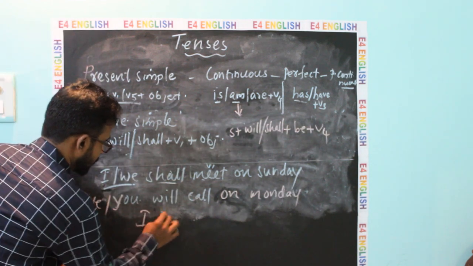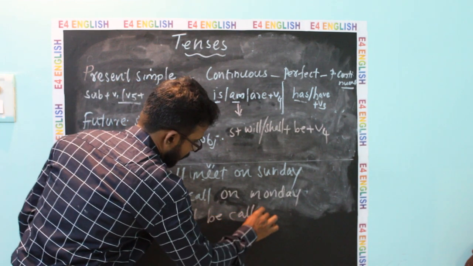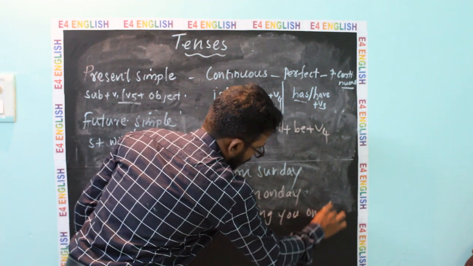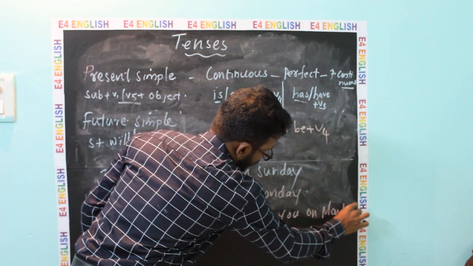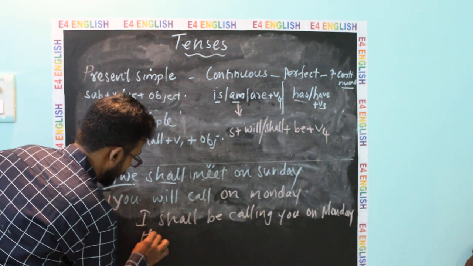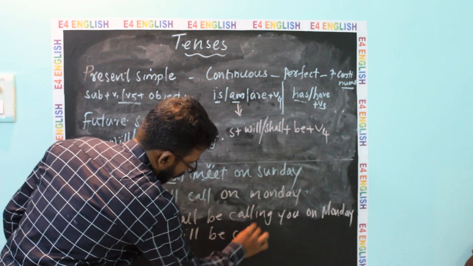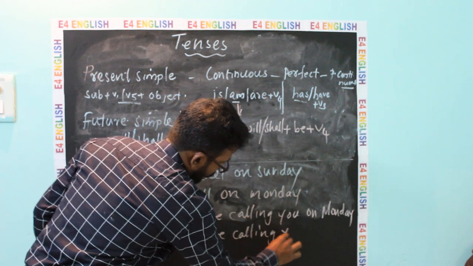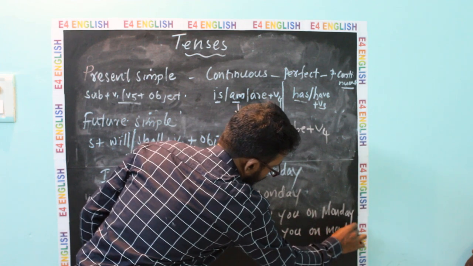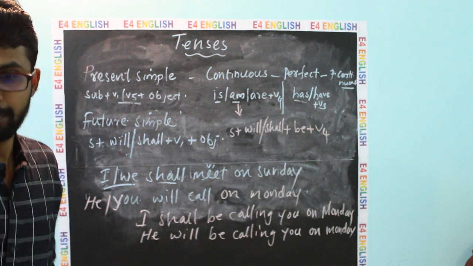So here, I shall be calling you on Monday. We shall be calling you on Monday. Then he will be, she will be calling you on Monday. I hope that it was easy.